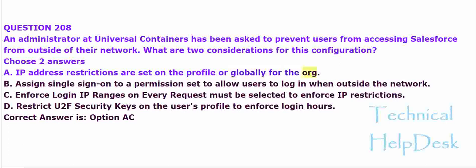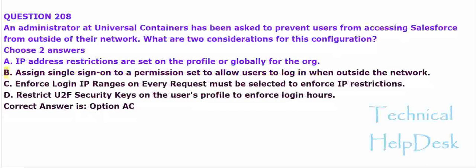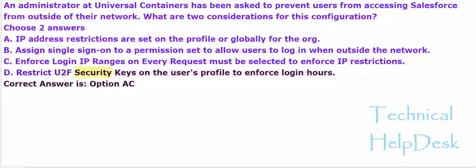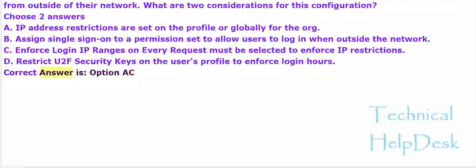B. Assign single sign-on to a permission set to allow users to log in when outside the network. C. Enforce login IP ranges on every request must be selected to enforce IP restrictions. D. Restrict U2F security keys on the user's profile to enforce login hours. Correct answer is option A, C.